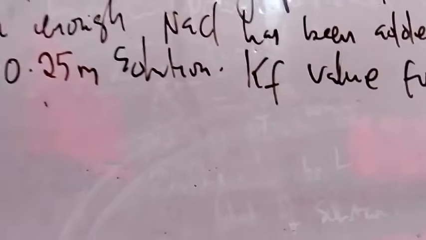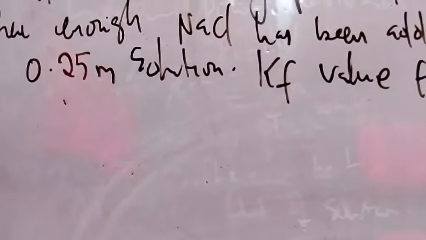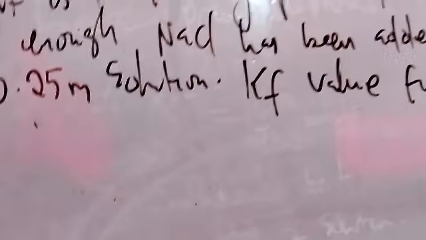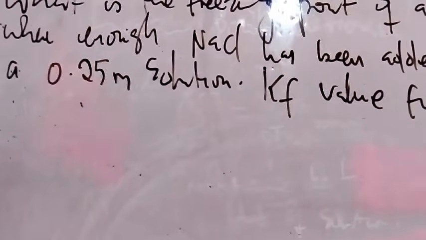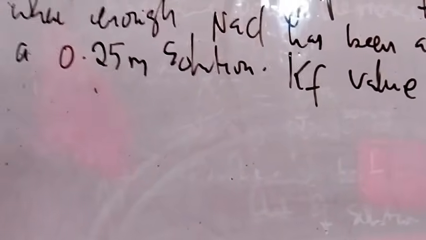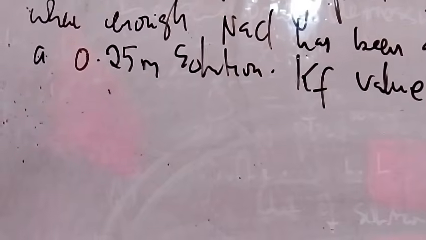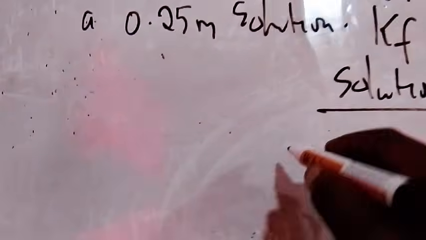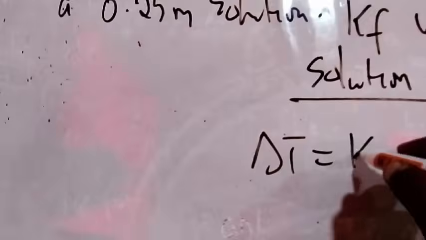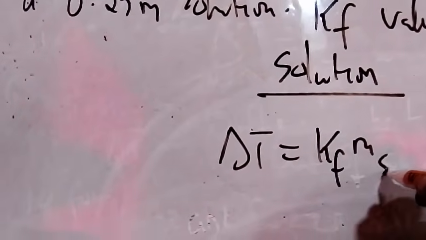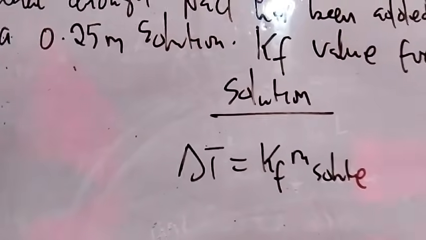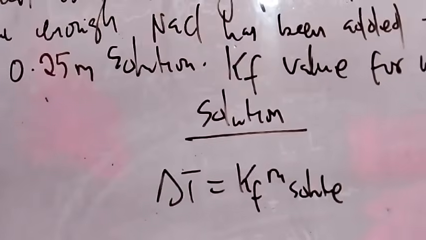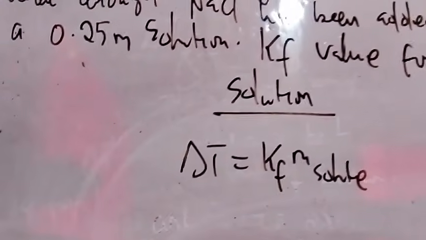So we can do the calculation. Here we are dealing with an ionic compound. So we have delta T is equal to Kf m solute. That is our equation.